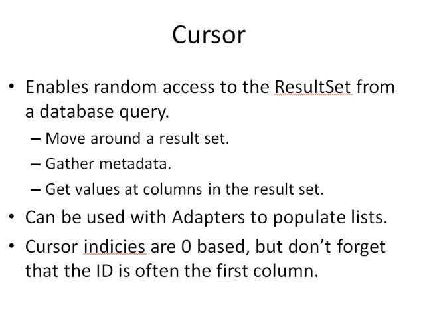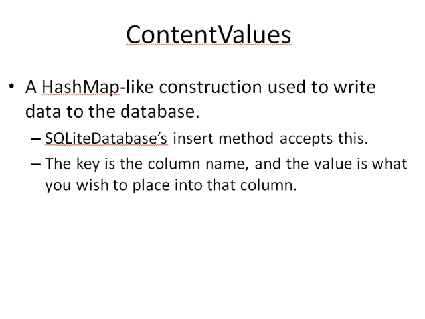I want to get the very first data cell, that is, an intersection of a row and a column, and I want to retrieve that data as an int, or as a string. Remember that SQLite itself doesn't have data types, but we can use getInt, getString, and so on, to retrieve the data and tell it that we want it in a certain data type. So we'll definitely use that.